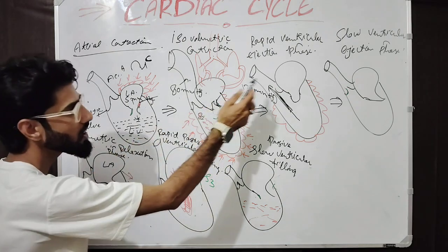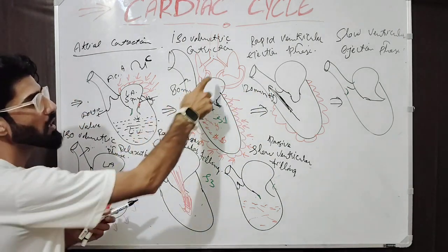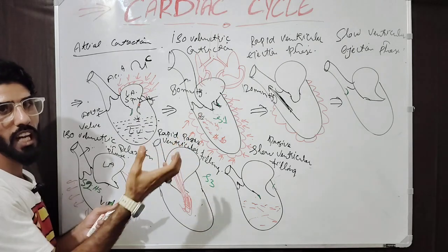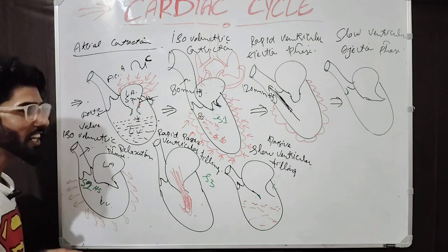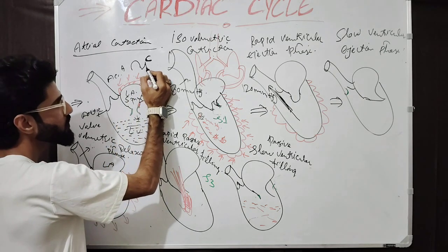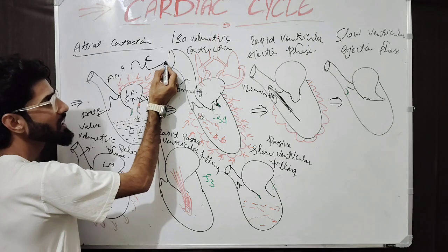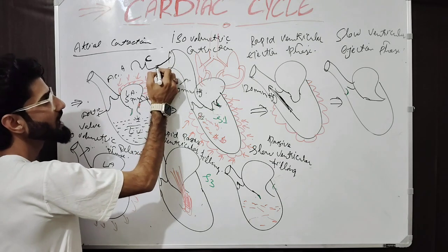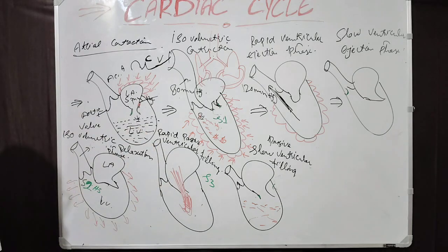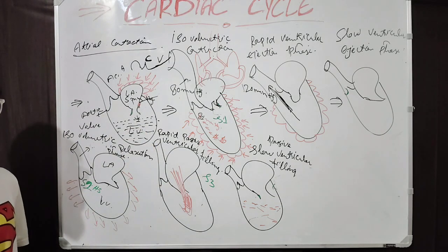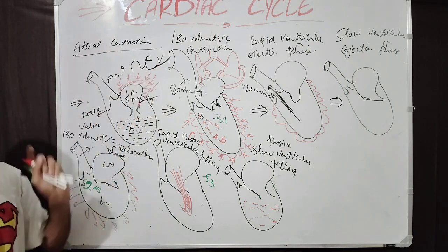So during all these phases, the left atria is receiving blood from the pulmonary system. That means the pressure is progressively increasing in the left atrium. Understood? So it will produce which wave? V wave. When the pressure in the atria is progressively increasing, that wave is called a V wave.